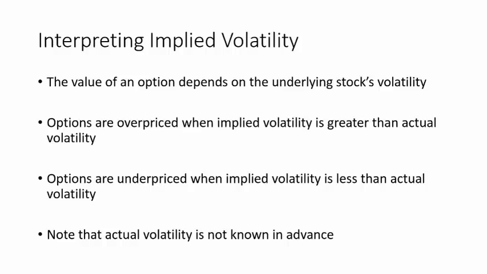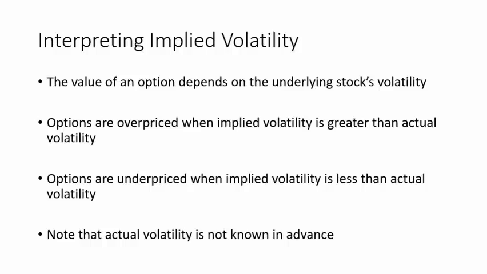So one way you can think about whether options are overpriced or underpriced is by looking at implied volatility relative to actual volatility. Remember, the higher volatility is, the more expensive the options are. So suppose implied volatility is greater than actual volatility.